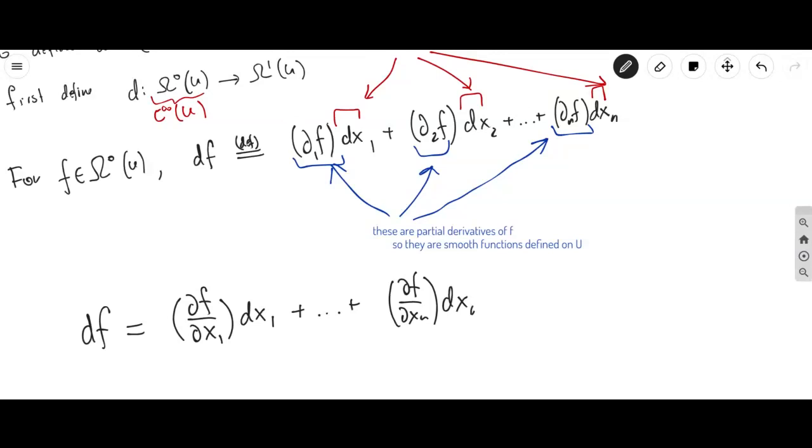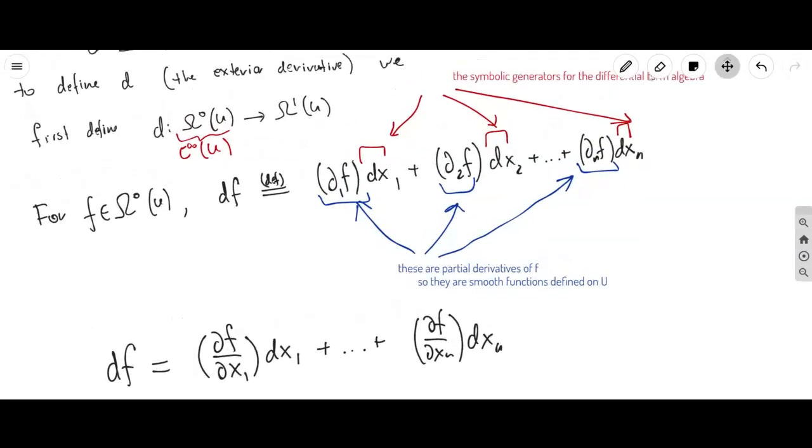This is the other way people write it. So this is the way you define this operator d. You take a smooth function, and this is the way you differentiate it. This is called the exterior derivative, and you can see you end up with a 1 form because this is of degree 1. You have a single monomial for each one. So this entire expression is now a 1 form.